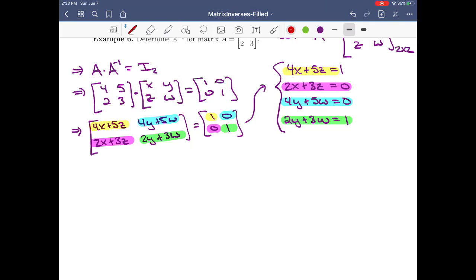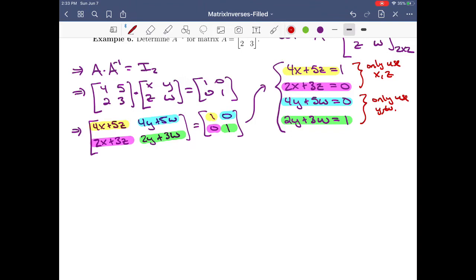So what we want to notice is that these first 2 equations only use x and z, and these second 2 equations only use y and w. So we can actually solve them separately because they don't depend on each other.